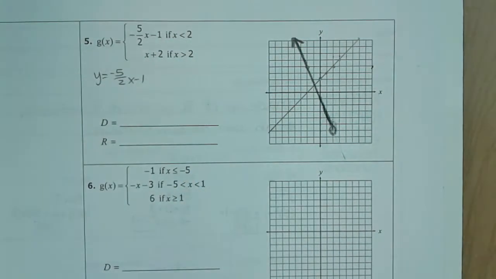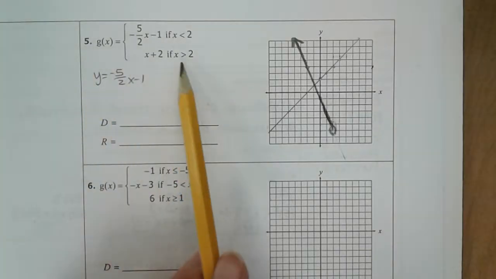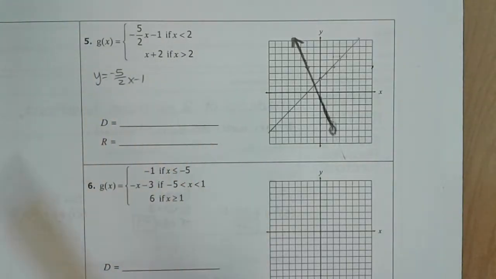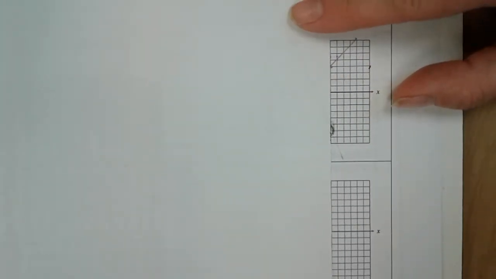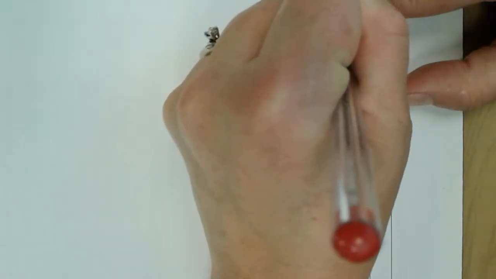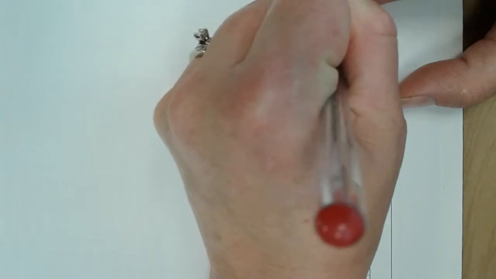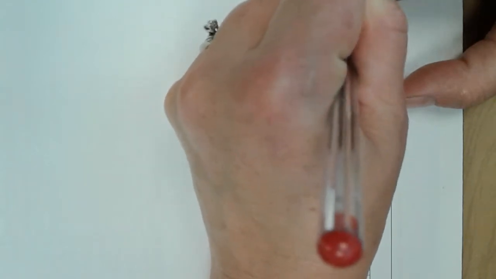Okay, so we're going to graph that line, and we decide which piece of this line are we keeping. Well, we're keeping this line for everything where x is greater than 2. So we come to, again, x equals 2, and we take this line for everything this way of the line. We want to keep this line for everything greater than 2.